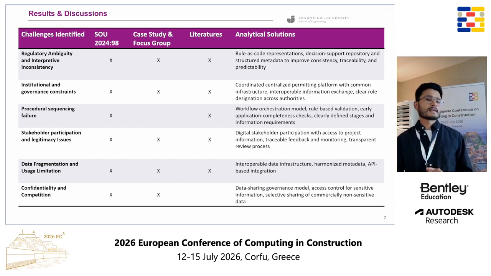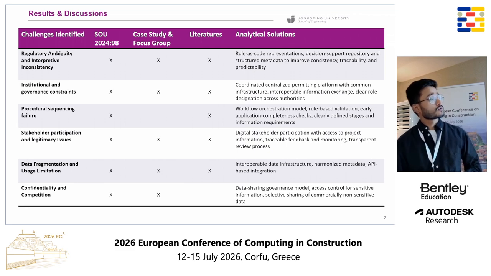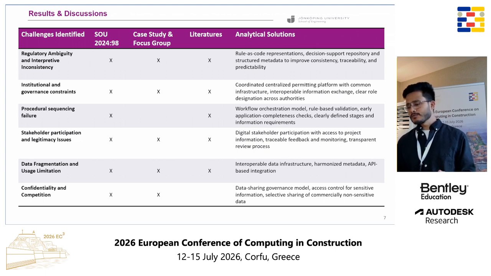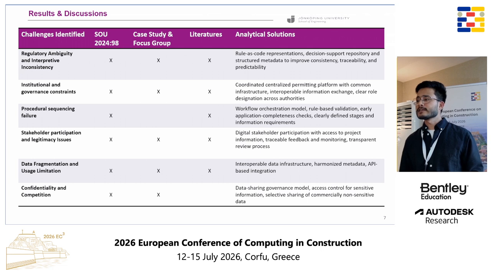This also reflects that in this analytical solution, there is a need to orchestrate this process and also create a framework where you can integrate different heterogeneous data, and make it secure and related to governance.